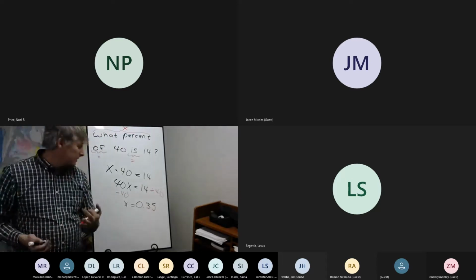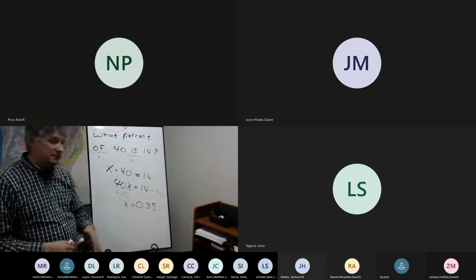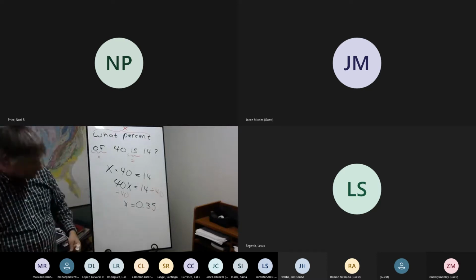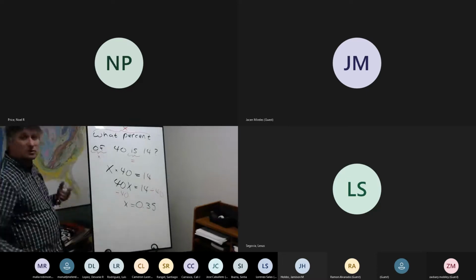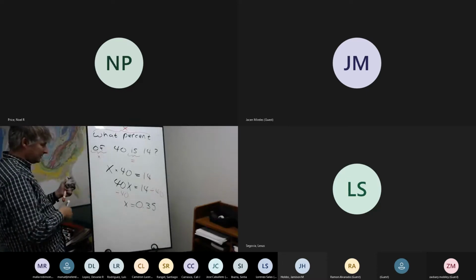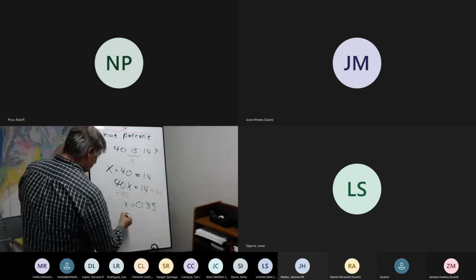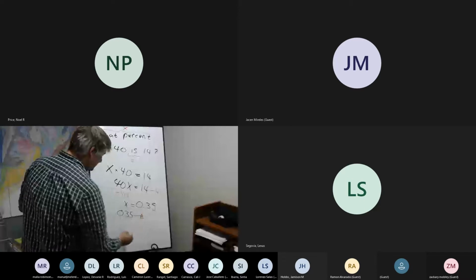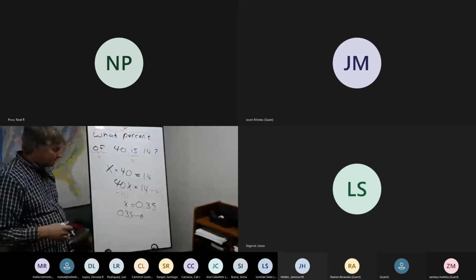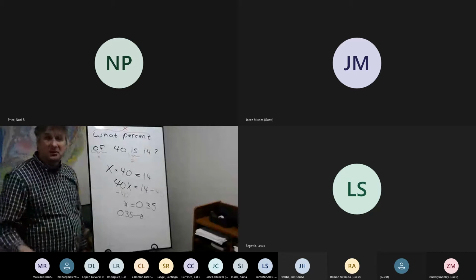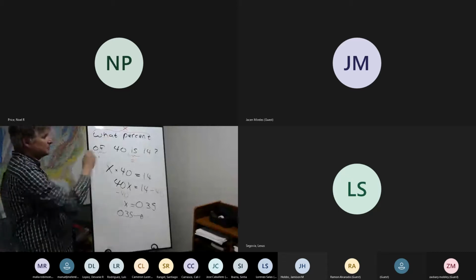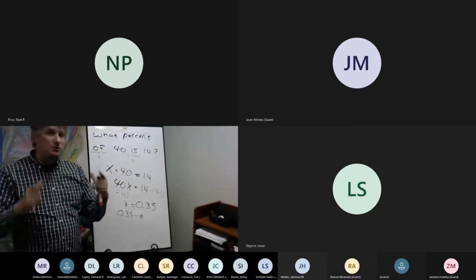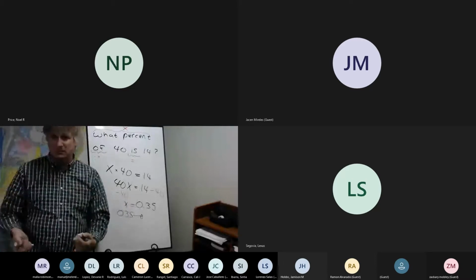Now we gotta be careful though. When we solve for x like this, and x is a percent, this is the decimal representation of the percent. So we gotta take this decimal, because if you put this in your answer, you'll get it wrong. You have to convert the decimal to a percent. So if you use translation like this, you got to be careful. Remember how in the other translation problem, we took the percent and we converted it to a decimal?